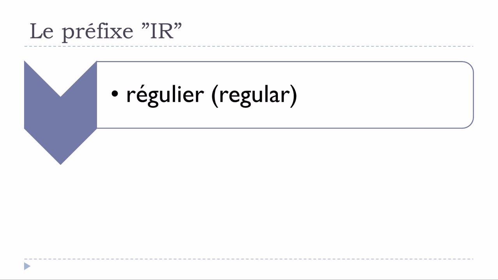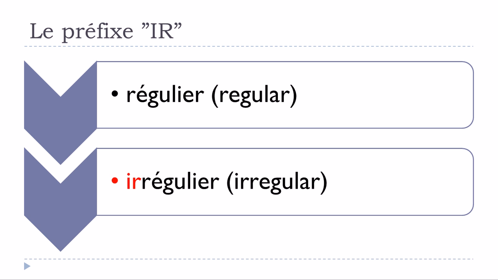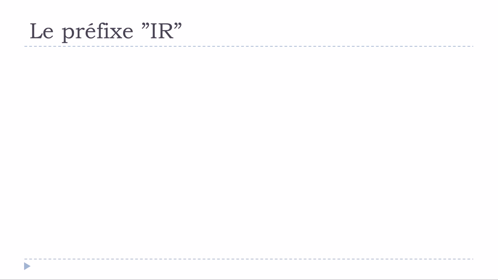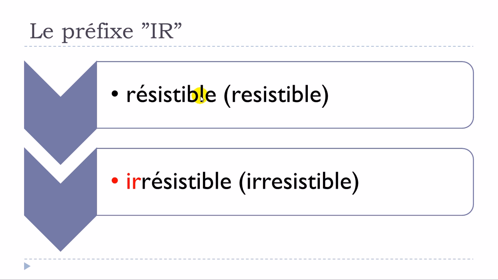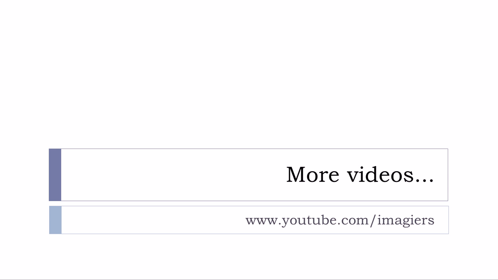Régulier, and then exactly the same technique, IR, and you put it back: irrégulier. Régulier, then irrégulier. And the last one, résistible, and exactly the same way, IR, and you put it back: irrésistible. Résistible, irrésistible.